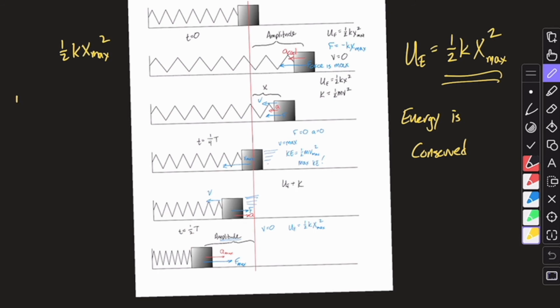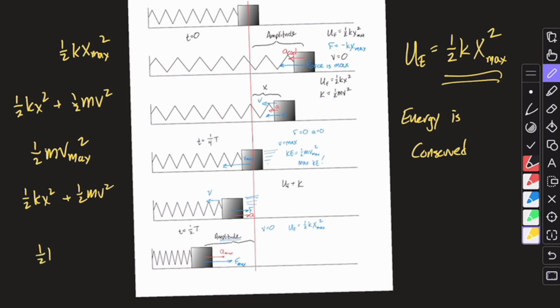Then it's a combination of 1/2 kx squared plus 1/2 mv squared. Then at equilibrium it's 1/2 mv max squared. Then it's a combination again, 1/2 kx squared plus 1/2 mv squared. And then finally, it's all back to elastic. If no energy is lost, all of these states are equal.